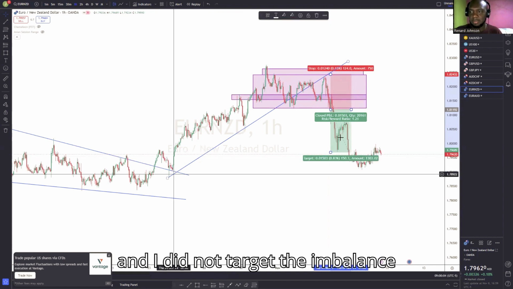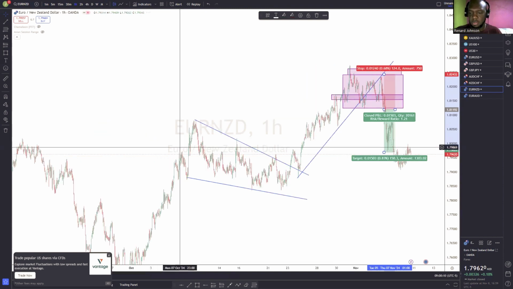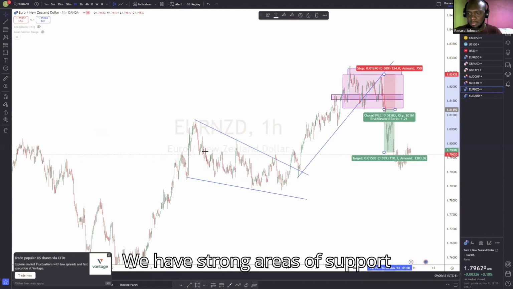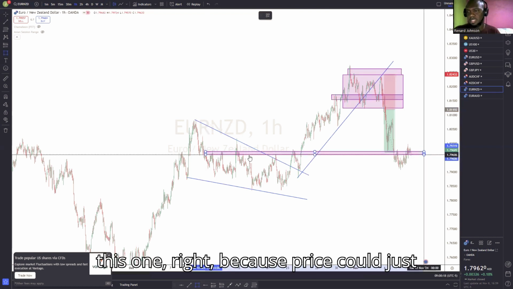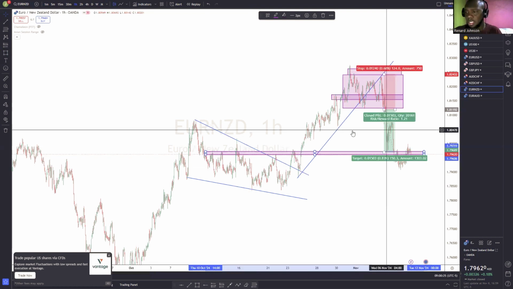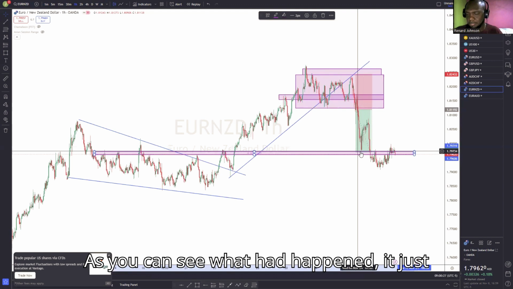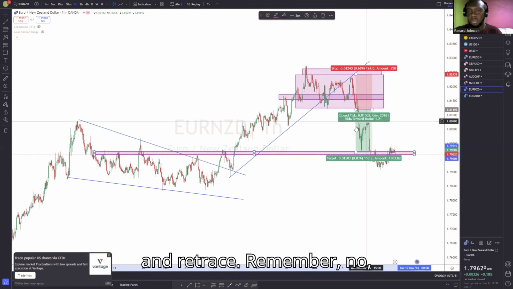I did not target the imbalance this time because we have strong areas of support coming from the imbalance below on this one. Price could just come and tap right there and push higher. As you can see, what happened is it just tapped my target and retraced.